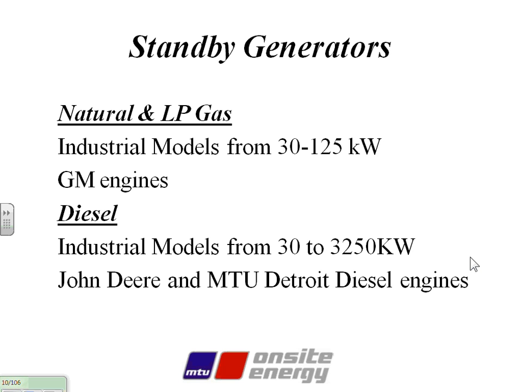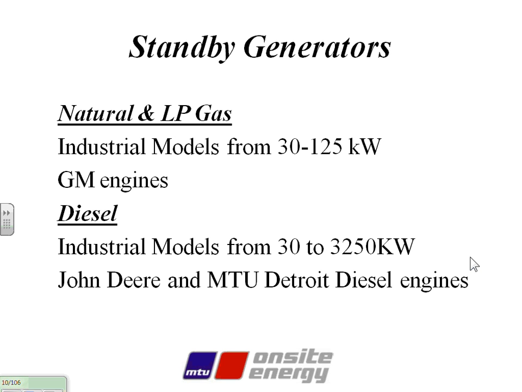Our natural gas and LP units are primarily General Motors. The slide's a little bit dated in that we have 130 kilowatts through 400 kilowatts in a Doosan powered product on the gas side as well. And we'll probably see more units over the years come in under that gas side of the house.